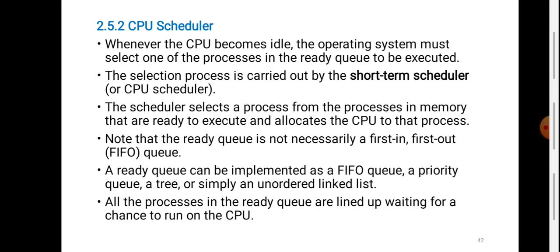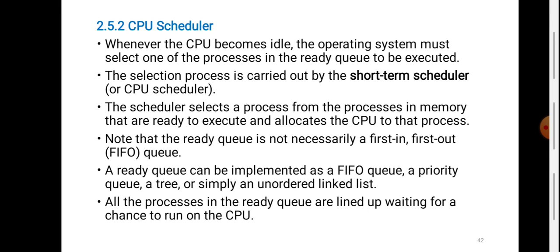Which particular process the operating system should select to execute is completely carried out by the CPU scheduler.